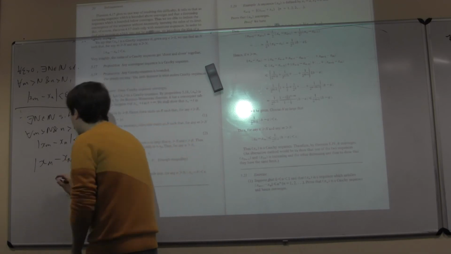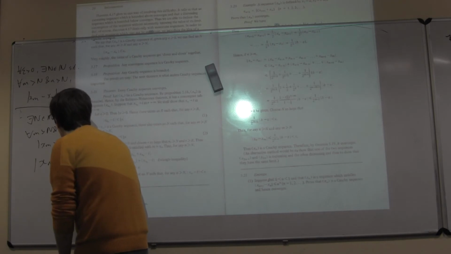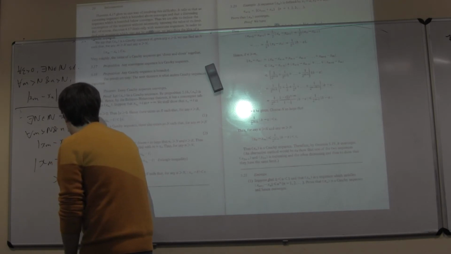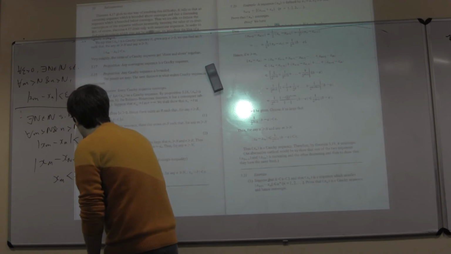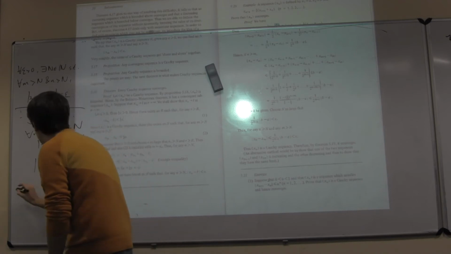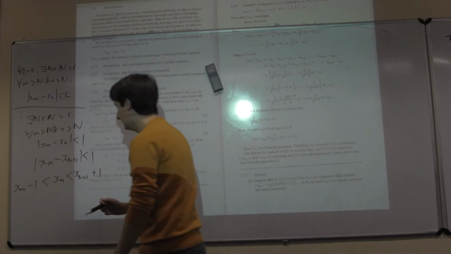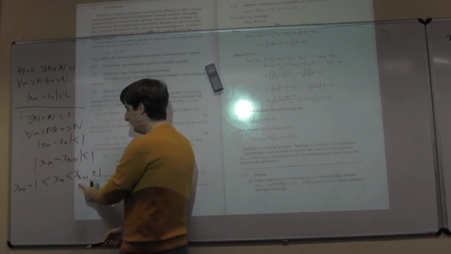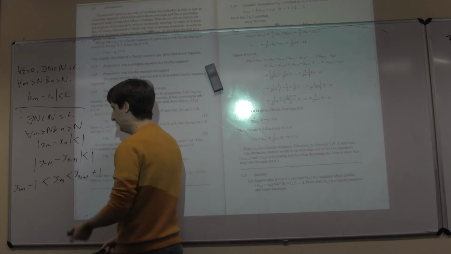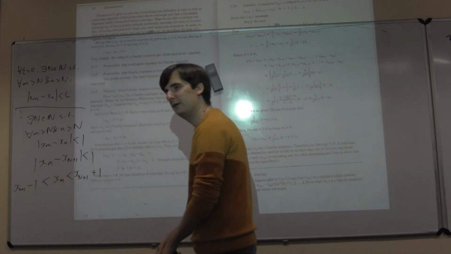So this is saying that xm is less than xN+1 plus 1 and bigger than xN+1 minus 1. Okay, this is just a number, this is just a number. So it's bounded from then on.